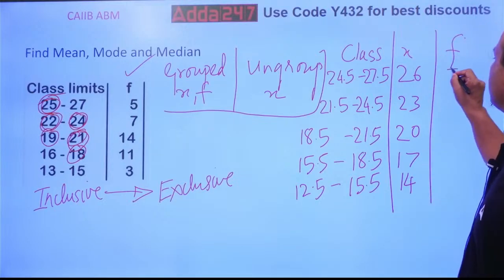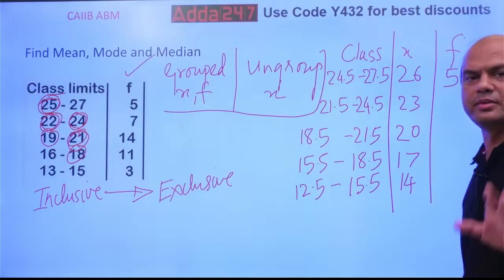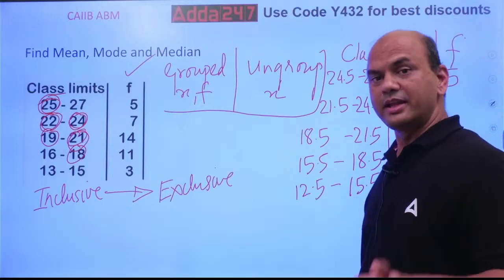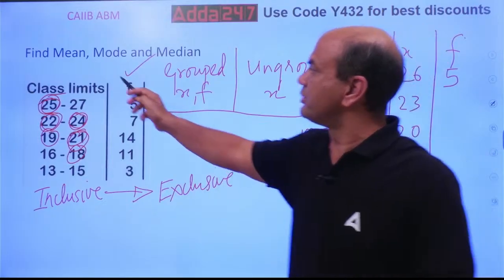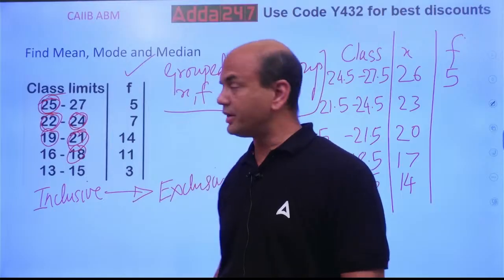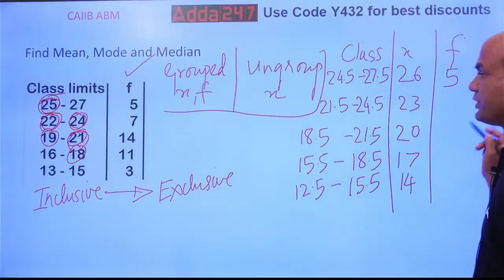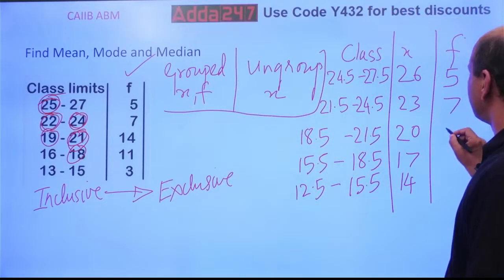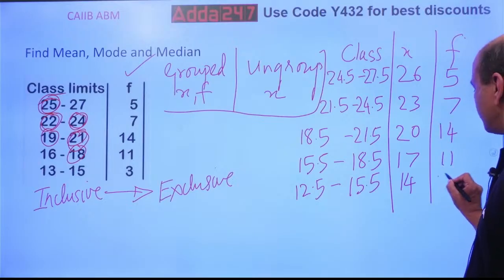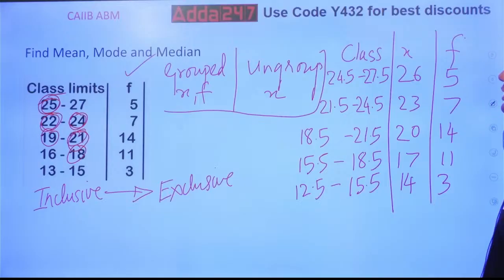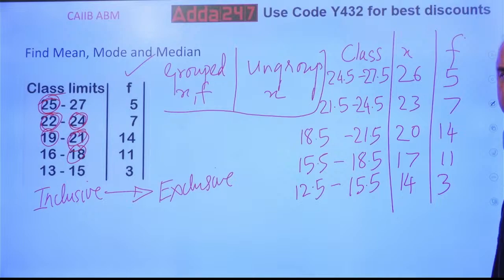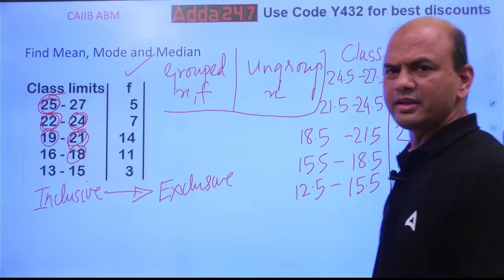This numerical will take almost 20 minutes. This is so big. But in exam, surely one of them will be there. Be sure about it. So F is 5, 7, 14, 11, 3. It's already given. Now you don't require this class. You require mainly this X and F.